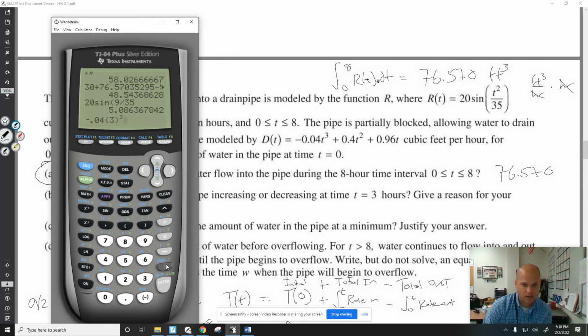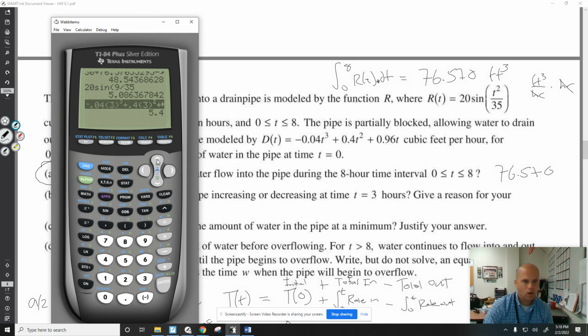Now notice I haven't graphed anything yet, but I could if I wanted to, and I will for the next problem. It's intense, and you'll see there's a lot of stuff to type in. You have to make sure you're careful when you're typing things in. And you get 5.4. The rate out is bigger than the rate in, decreasing.